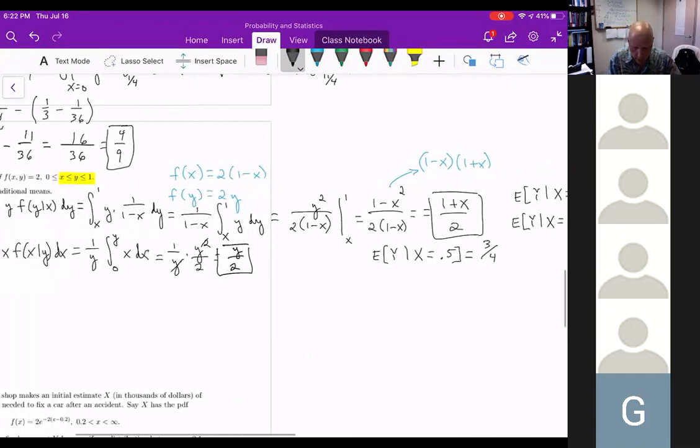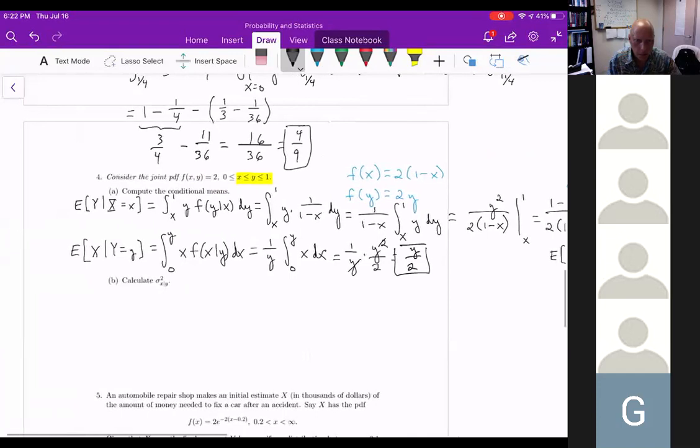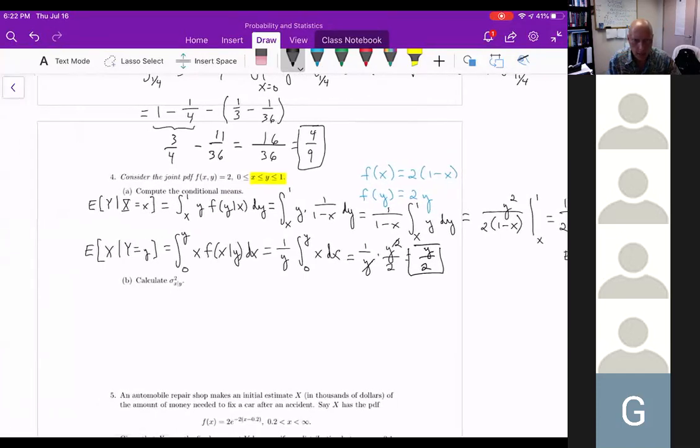Now, I didn't write it in for these 2 answers, but obviously x and y are restricted, so they both have to be between 0 and 1. So you're not going to afterwards find the conditional mean of x given that y is 1.8, because y can't be 1.8. There is actually a restriction on the values of x and y in each of these, so it's good to keep that in mind.